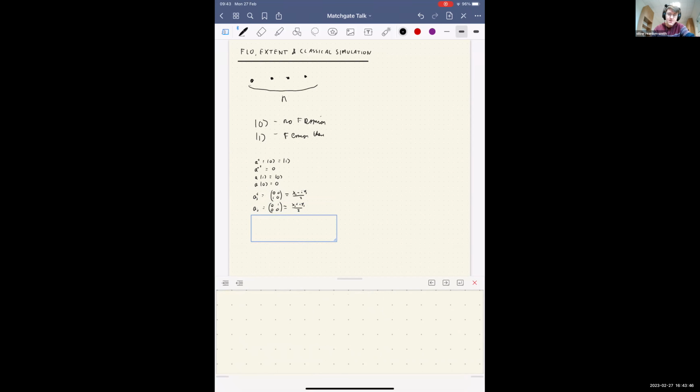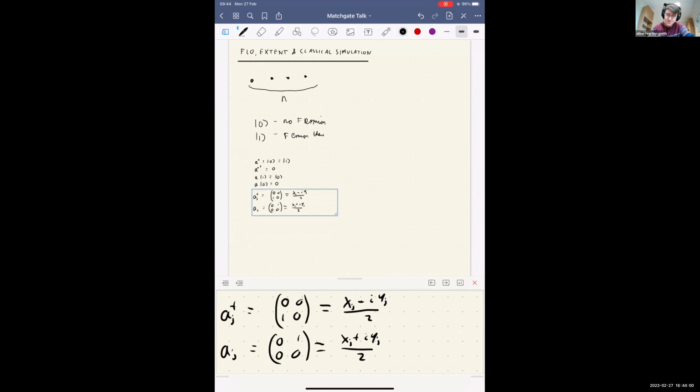And since I wrote the A's and A daggers in terms of Pauli X and Pauli Y, it's fairly easy to see how to make them anti-commute. What you do is you just stick a string of Z's in front of them. So actually, you don't define it this way; this is wrong.